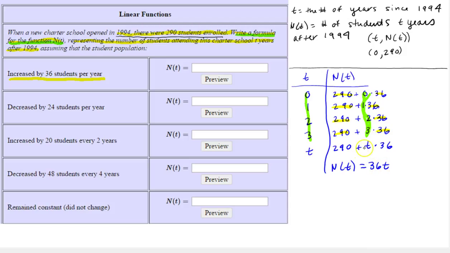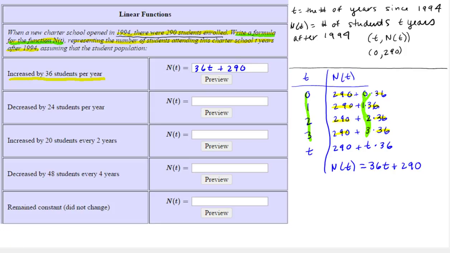And then our initial value, 290. Graphically, we could think about this as the vertical intercept, or in this context, it's the initial value when t equals 0. So this is our formula. N of t equals 36 students times the number of years past 1994 plus the initial 290 students.